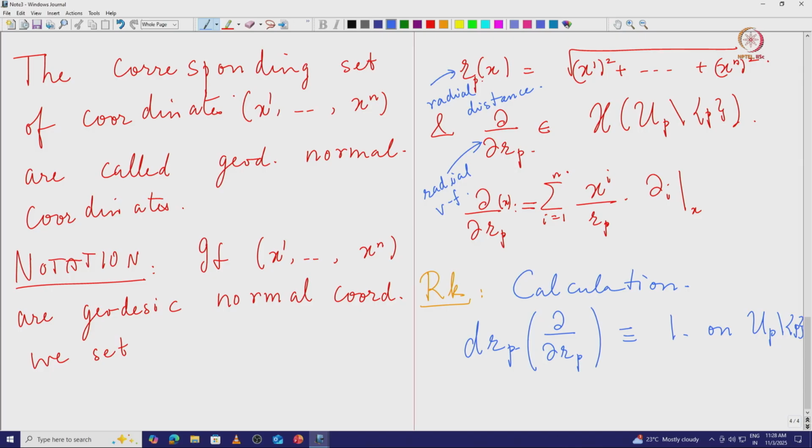But at all the other points this tells you that the exterior derivative and this radial vector field are dual to each other.